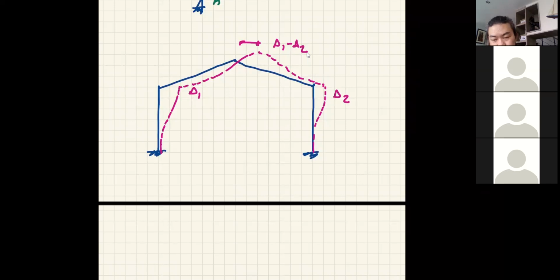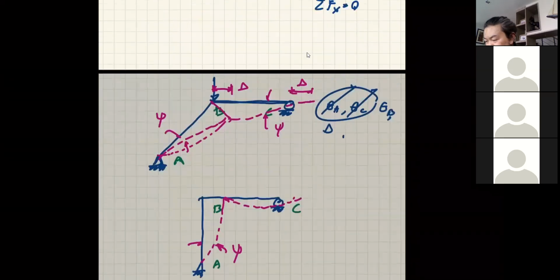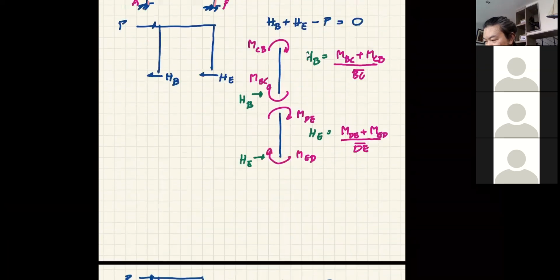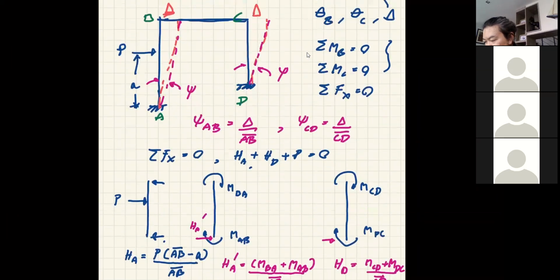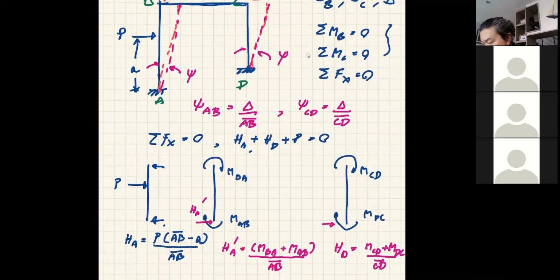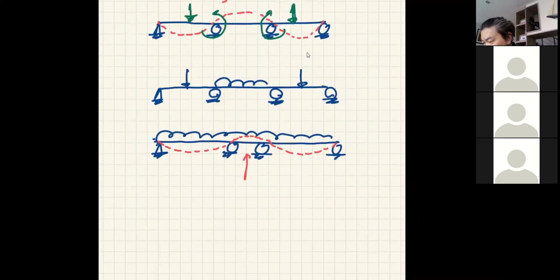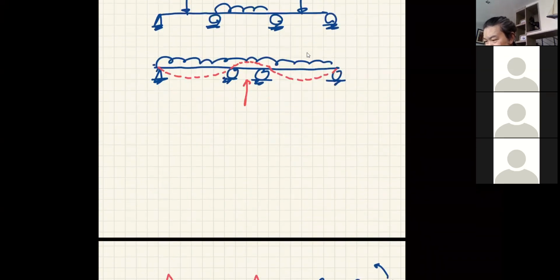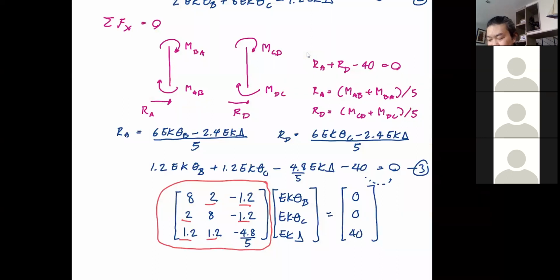I'm going to spend some time, if I don't forget, to try to solve this problem and give the answer to you next time. Not this one, I mean this one. Okay. So is there any question?